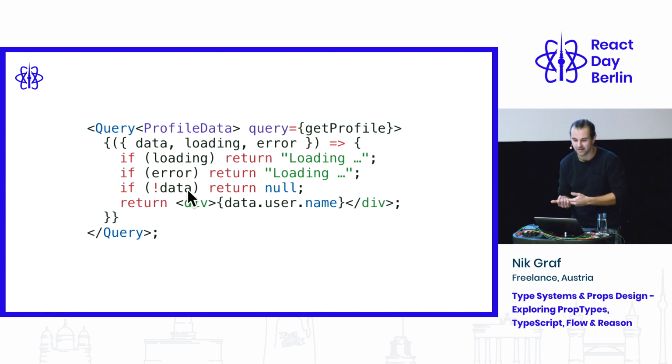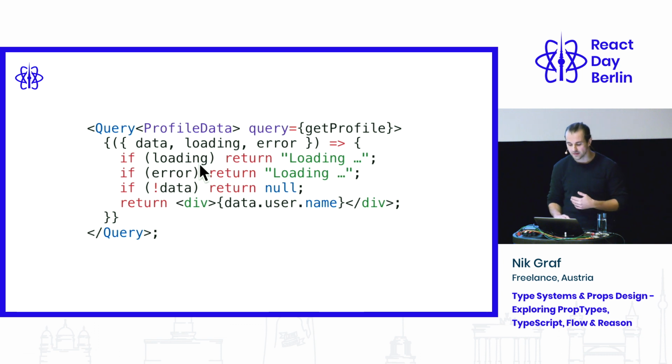But there are also other cases, like if loading is true, there can't be data. This is how it's implemented. You're like, what? Why do you even give the render prop three properties back that are completely disconnected? So bad Apollo. Preview, there is a reason, but I will let you know in a bit.